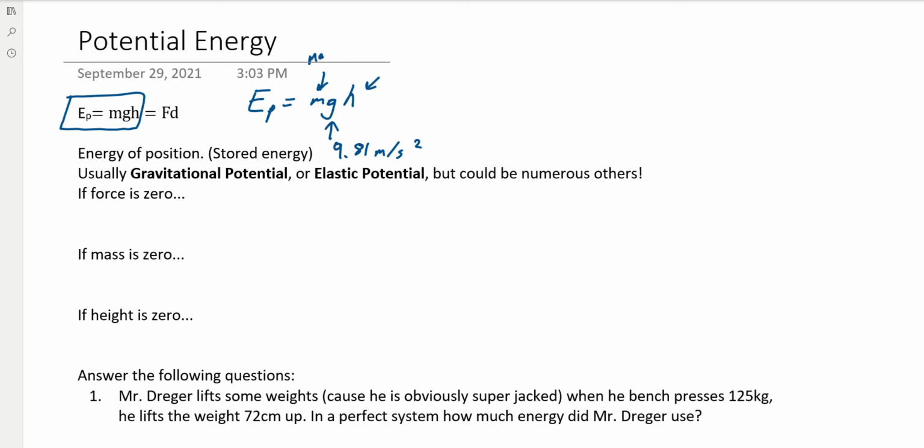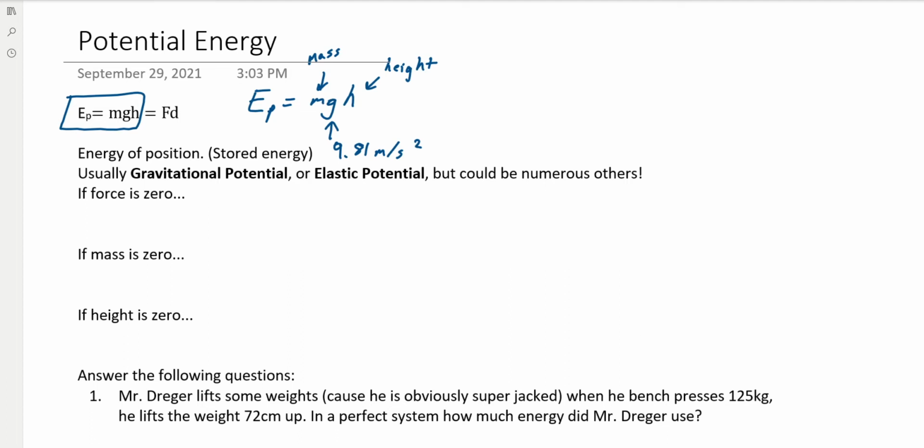So mass and height. All right, so this is our equation. I'm doing a lot of math as well right now.